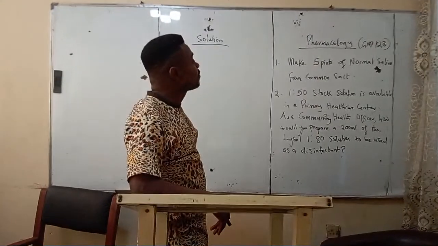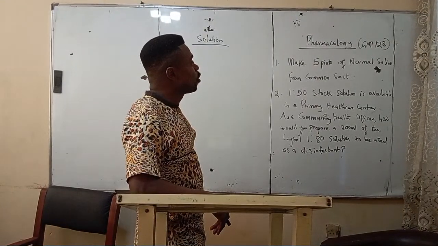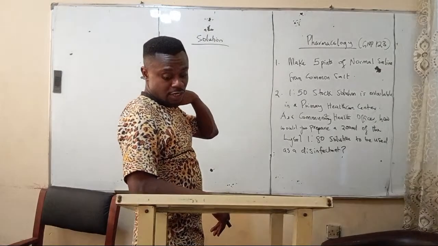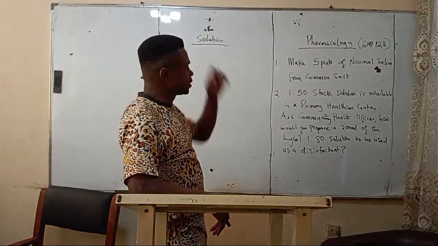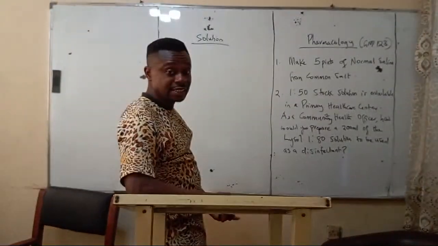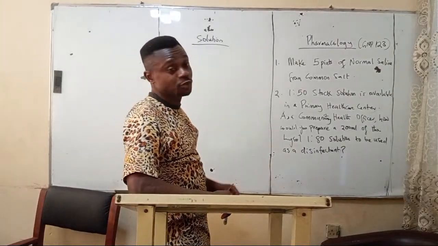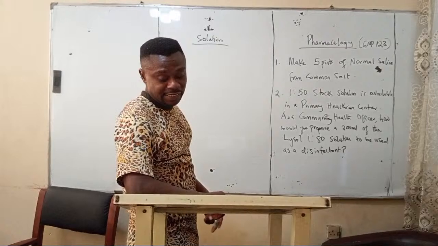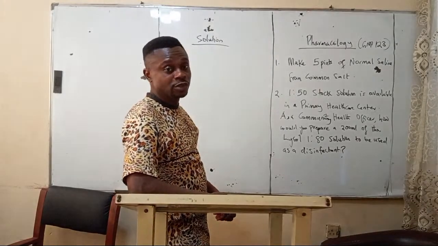We are told to make 5 pints of normal saline from common salt solution. Now, what is normal saline? Normal saline is the same as sodium chloride, the same common salt, but at a particular concentration, 0.9% weight in volume.